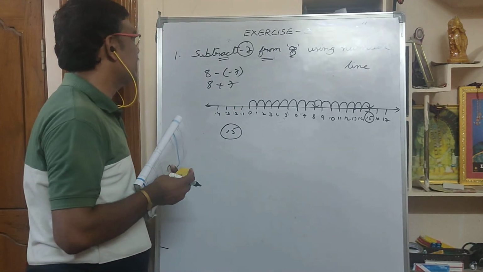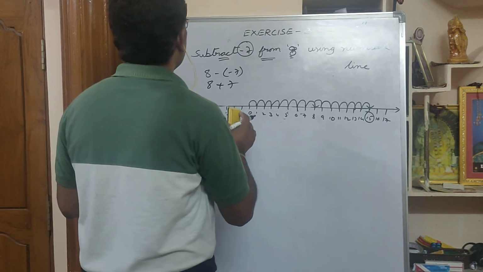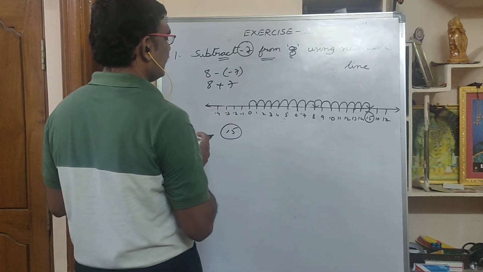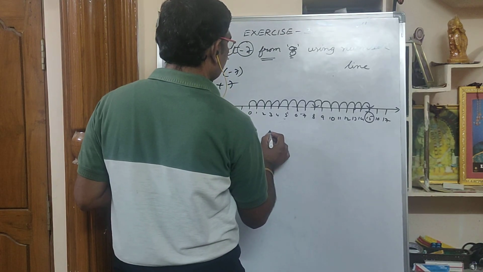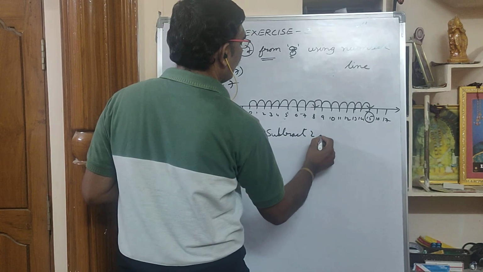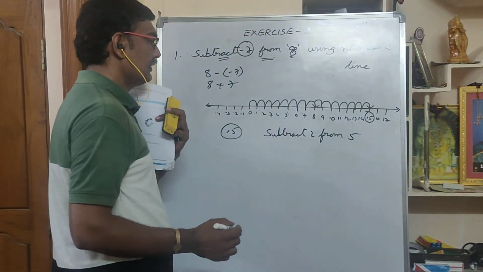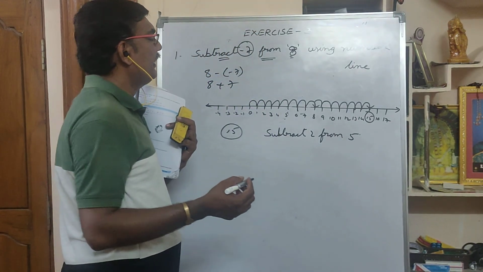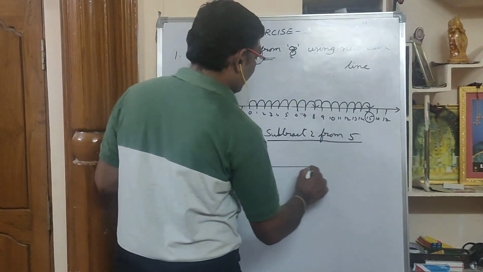Another method we'll see. Another method, how you have to do it. Okay. Small problem I'll say. Subtract 2 from 5. What you have to understand is, take number line.